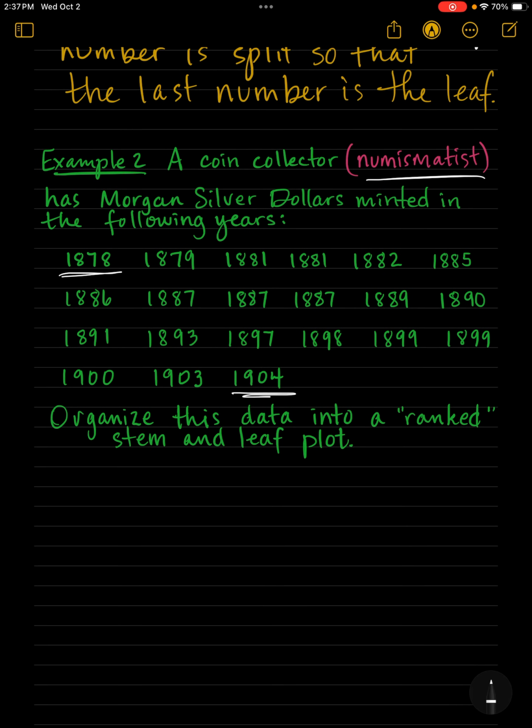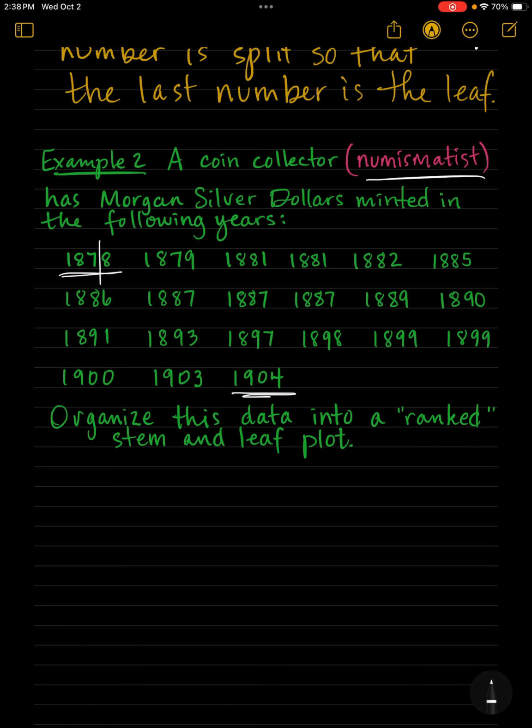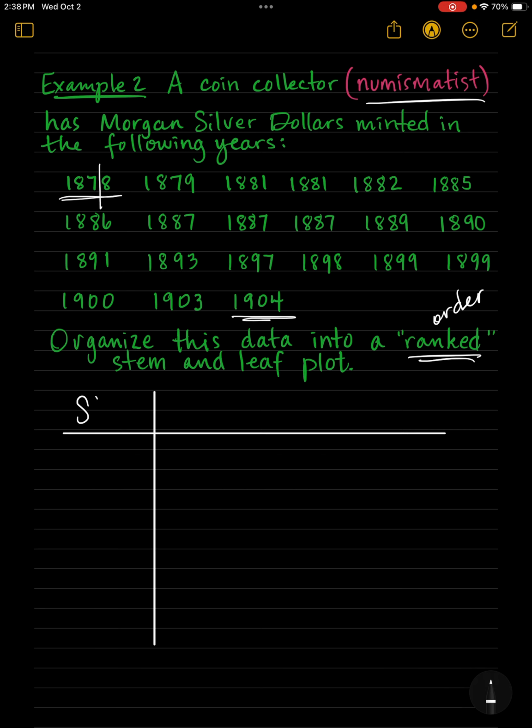So what we're going to do is split these numbers right after the tens digit, but before the ones digit. And we're going to make a ranked, that means it's going to be in order, stem and leaf. So what I want to do is create a stem and a leaf.